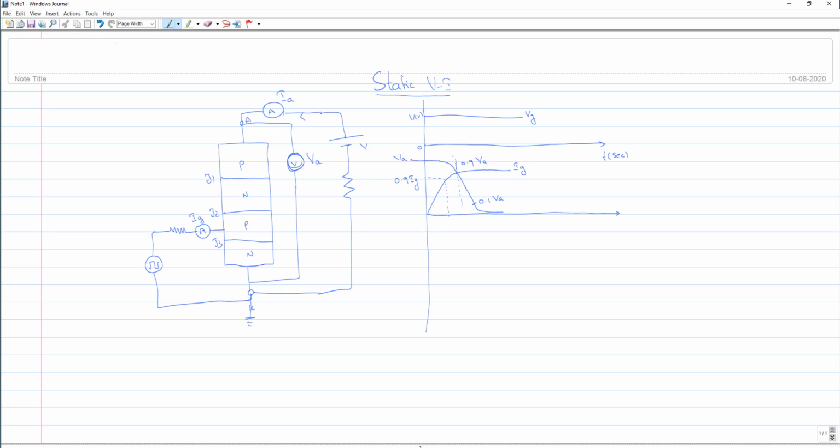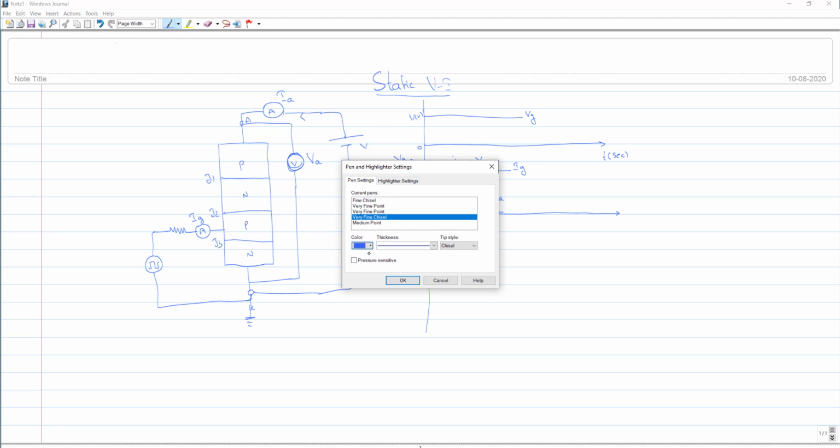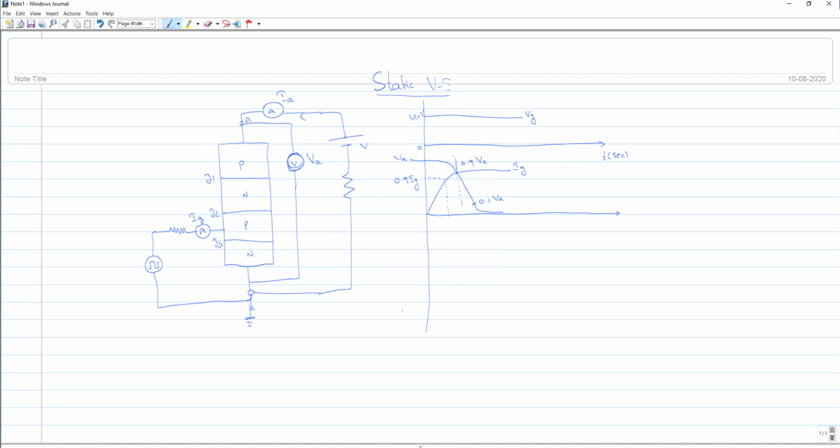Now what is happening to this current? So let us see the current. Let me take a different color. Okay, the color is not coming. So let me take the current, and this current, same, all are in time scales.